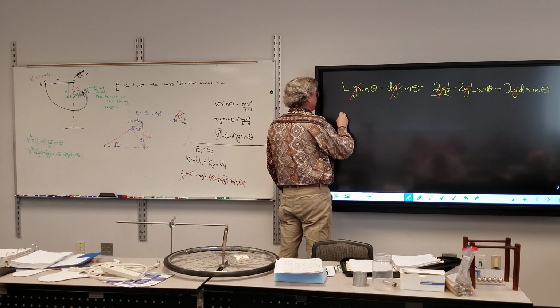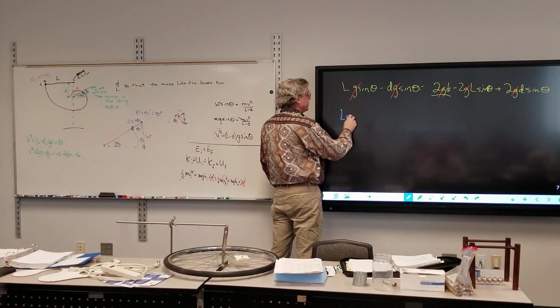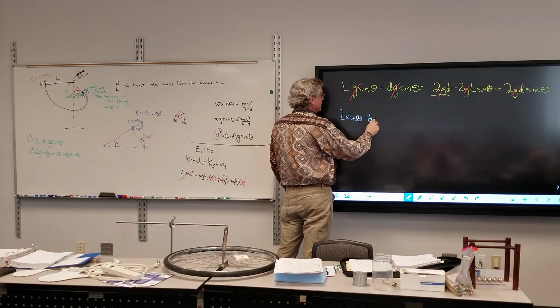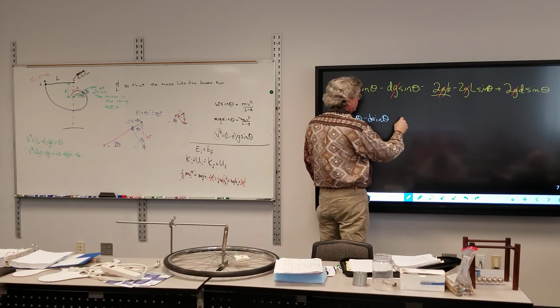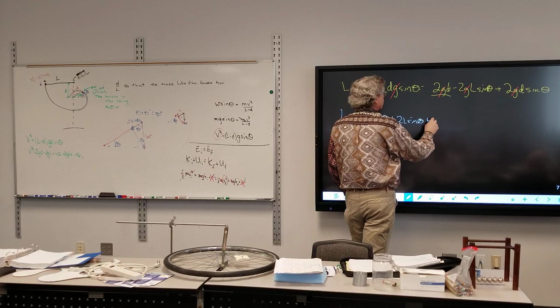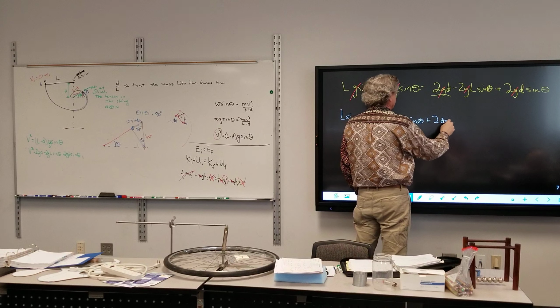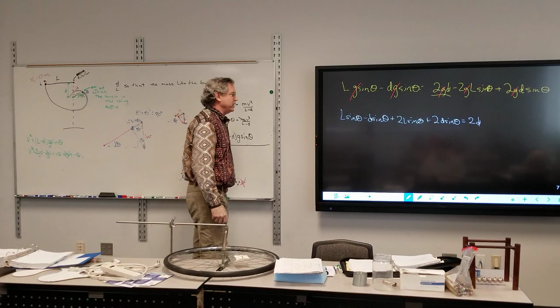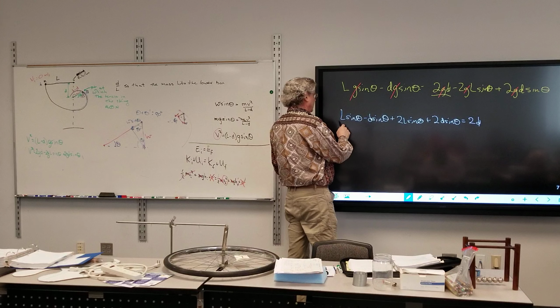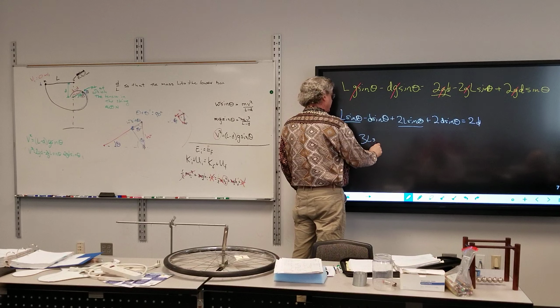And so I have L sine theta minus D sine theta plus 2L sine theta plus 2D sine theta equals 2D. Well, we can combine stuff now. I have L sine theta and 2L sine theta, so I have 3L sine theta.